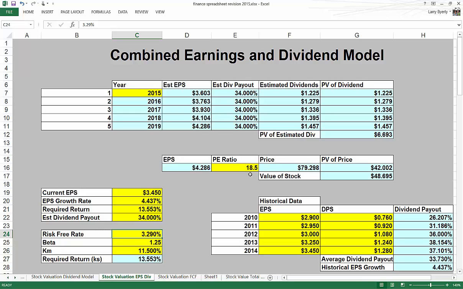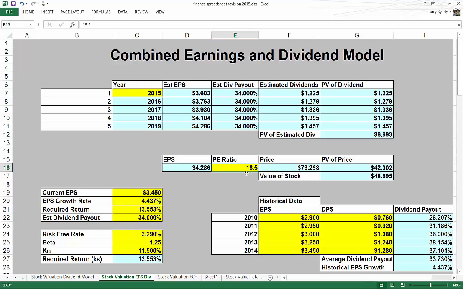But we need to understand, maybe we want to start with just using today's PE ratio. So I have a number of 18.5 here. Maybe in the end we want to do a range. What would happen if the range of the PE ratio was from 16 to 20? In fact, we'll look at that here maybe in a second.